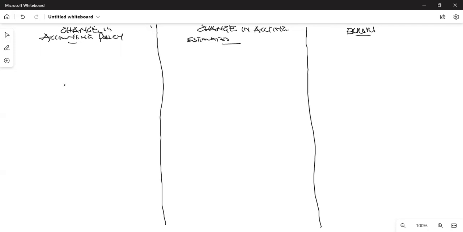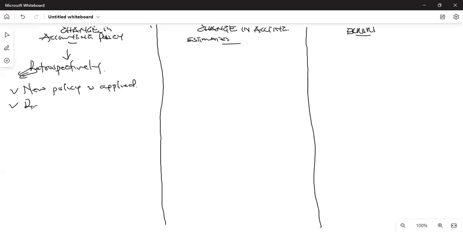What you should know is that the standard says that a change in accounting policy is applied retrospectively. All right. So what we mean here is that the new policy is applied, and because you need to go back retrospectively, you now need to make some adjustments to your retained earnings.